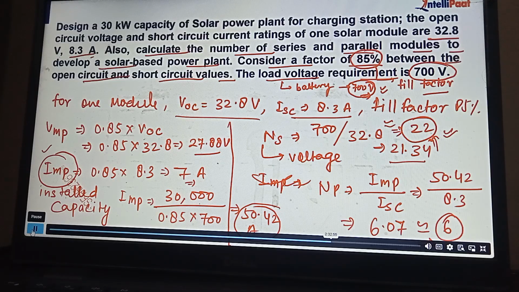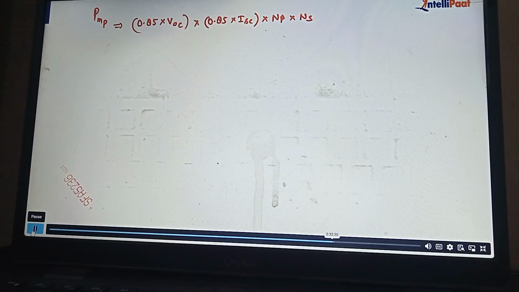Now, if I wanted to verify it, how do I verify it? So PMPP, I already told you. PMP will be 0.85 of VOC multiplied by 0.85 of ISC, then the parallel modules and the series modules. VOC is 32.8 multiplied by 0.85.